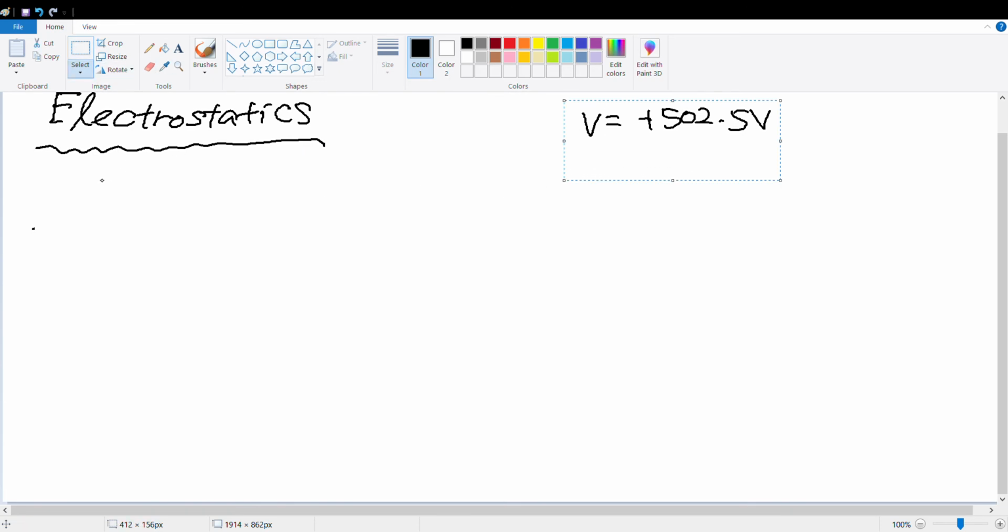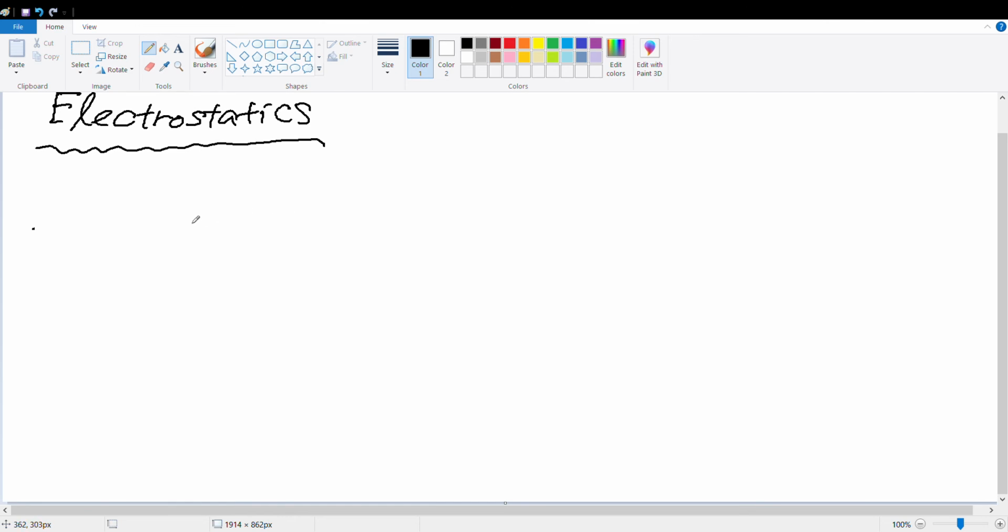Let me erase this one. Just now it was in the form of a horizontal component. What if we included both the horizontal component and the vertical component?